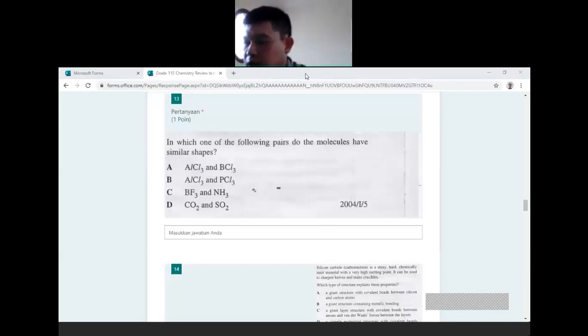In SO2 there are 2 bond pairs and 1 lone pair. So in SO2 the bond angle is different from the bond angle in CO2.